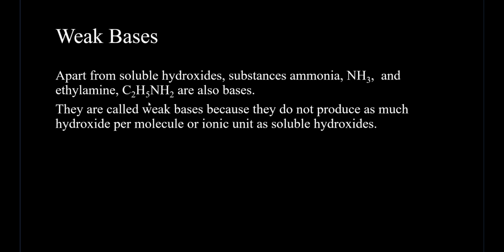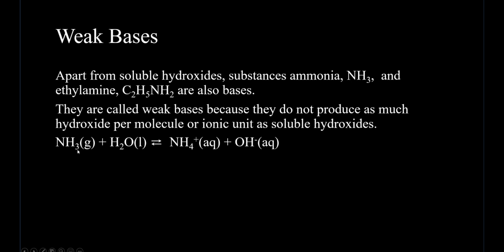So what happens is you place one of these in water, and the water molecule gets pulled apart. It doesn't happen that readily, though, so we call it a weak base, because not all of the molecules are going to be able to pull apart water molecules to form hydroxides. So you don't get as many hydroxides per molecule as you do with the strong bases.